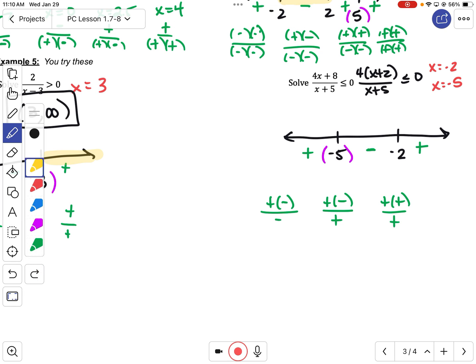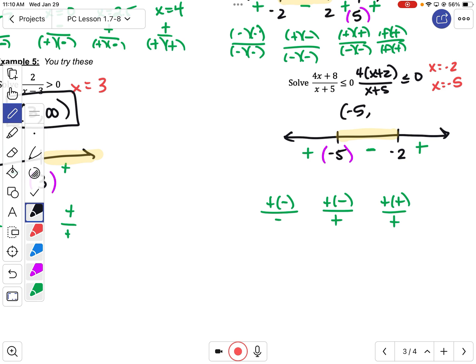So then it would be negative to -2. Phew. It's easy to confuse yourself, right? You gotta be careful. Okay, let's do one more.